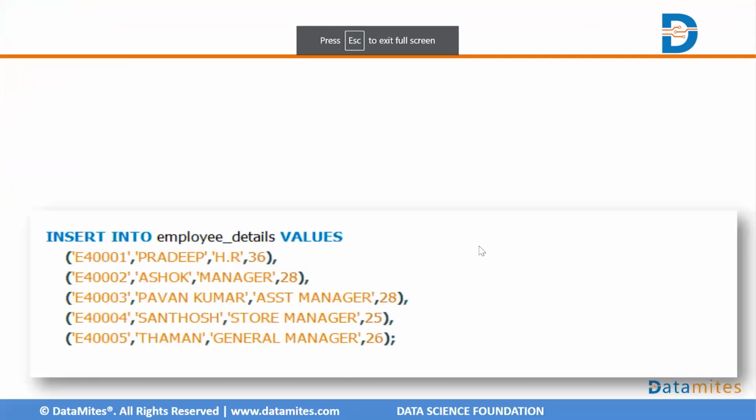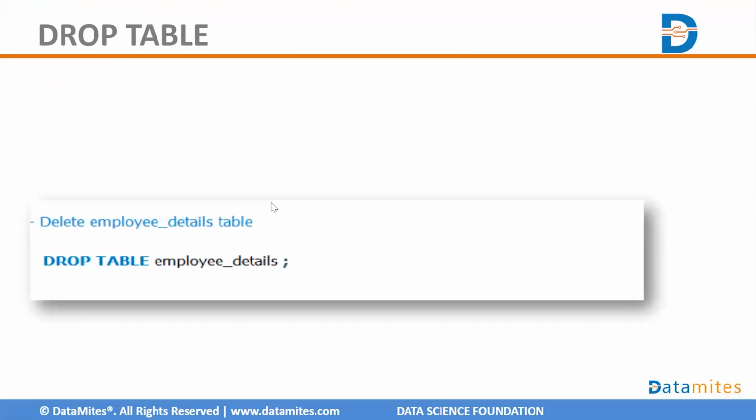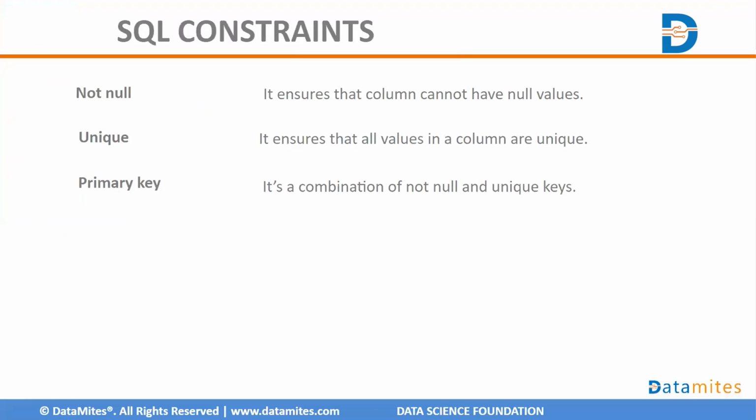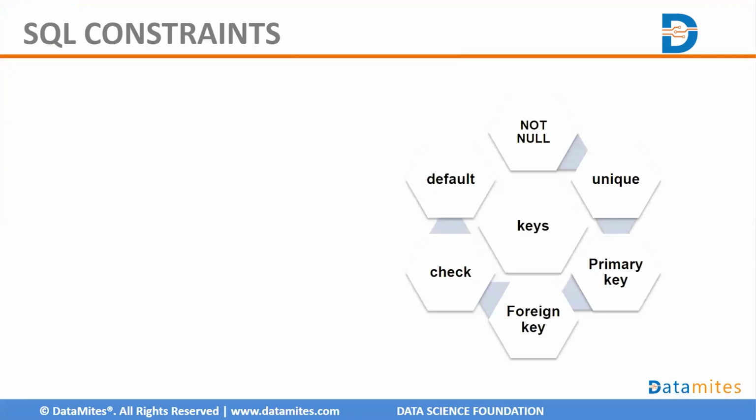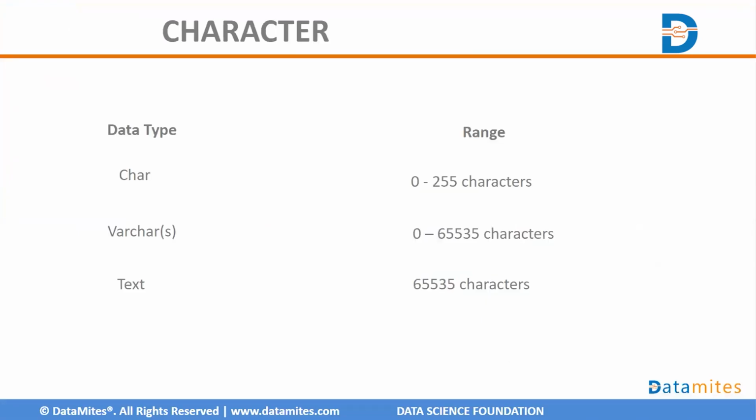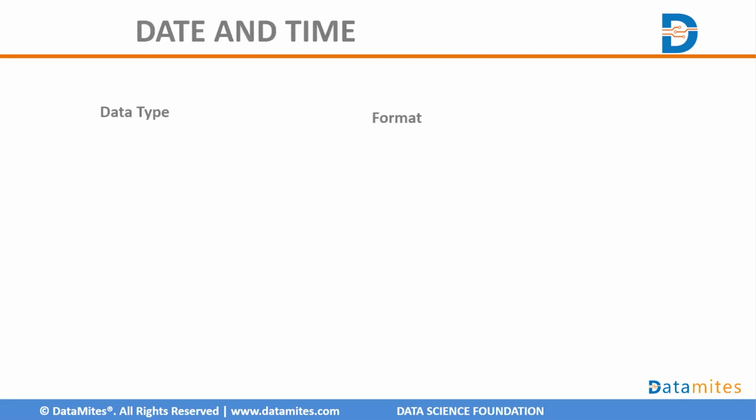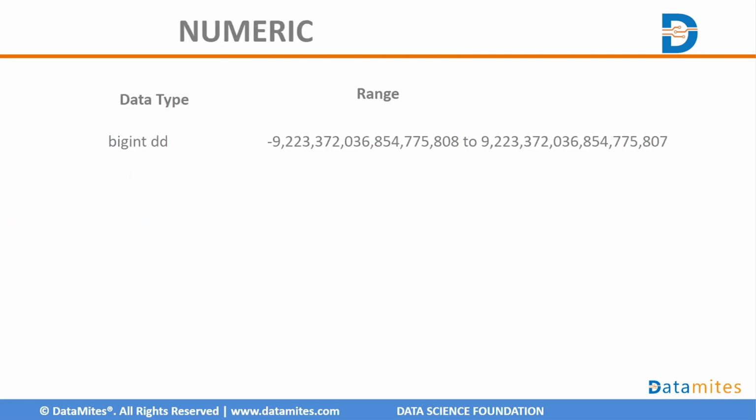As you can see here, we will be coming to constraints and how we drop the table once we insert the values, and see certain basic commands that you need for creation and insertion of the table.